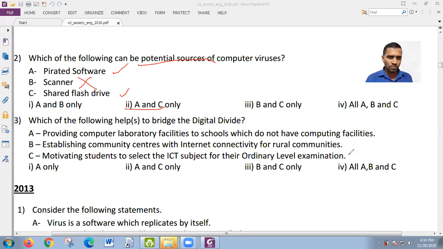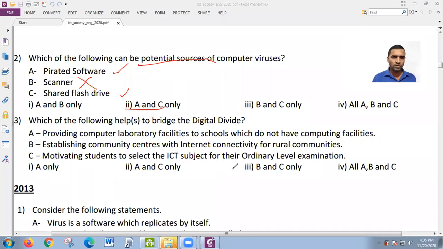So digital divide means it's a gap between those people who have access to ICT and the people who don't have access to ICT, right? So by doing such things, you can improve the situation of those people who don't have access to ICT. Okay, so second also correct. Third one, motivating students to select the ICT subject for their ordinary level examinations.